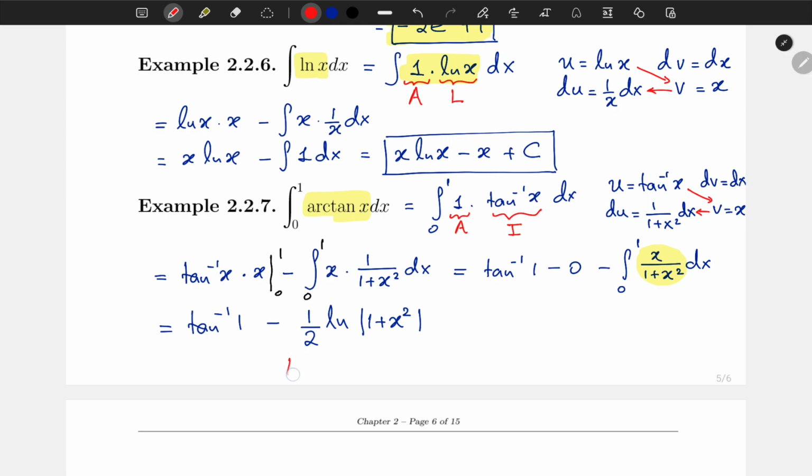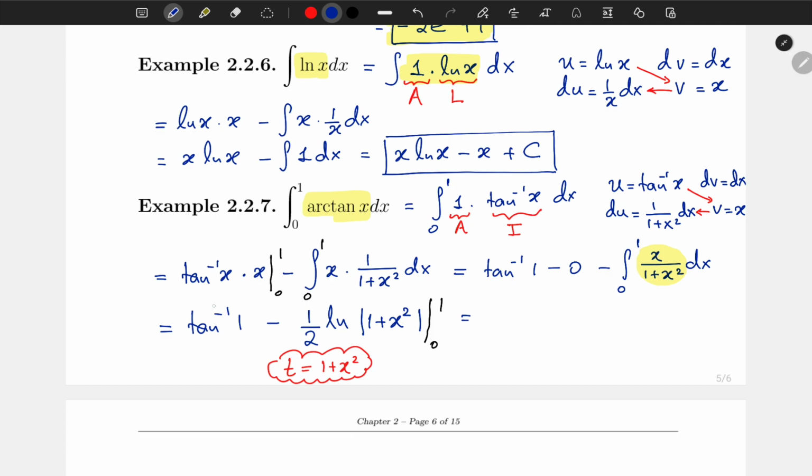Try t equals 1 plus x squared, a substitution like this. Using that substitution, you can find the integral is half ln of 1 plus x squared. We have to evaluate at 0 and 1.